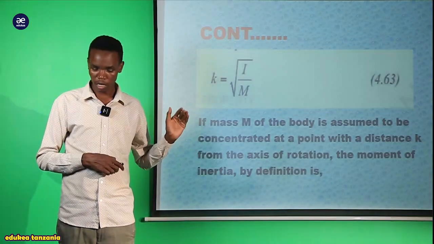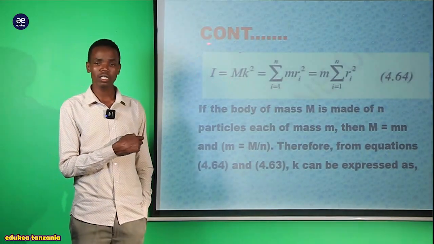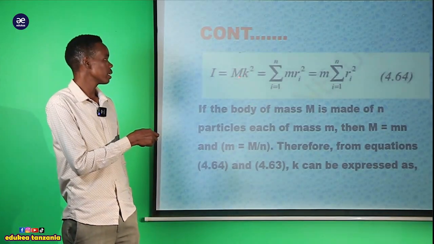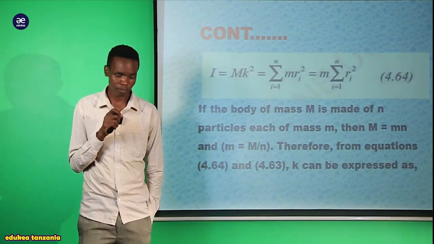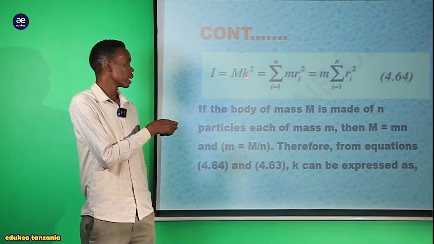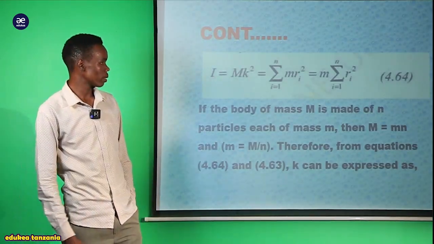So from this one, from I equals mk square, as I told you, we know that this m represents the concentration of the mass, I represents the moment of inertia, while k represents the radius of gyration for a rigid body.